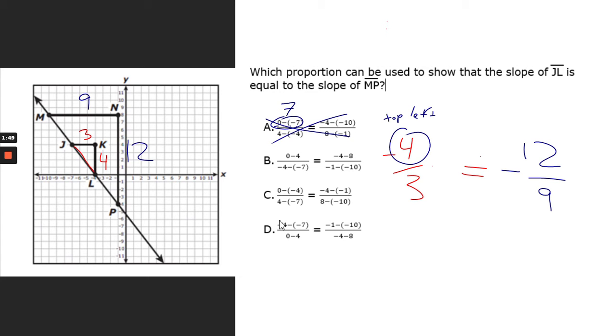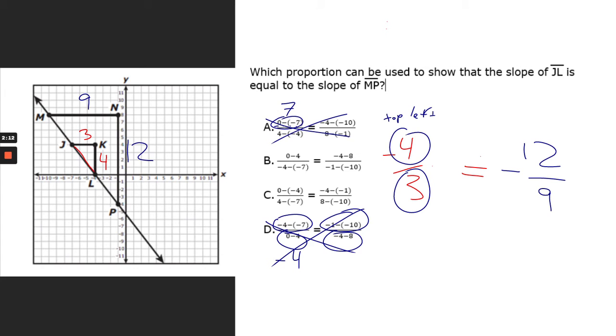This is one little problem I could do in the calculator, this is another, the top right's another, and the bottom right's another. The easiest one to do is 0 minus 4, which would be negative 4. And what I want in the bottom left position is 3. Since that's a negative 4, not a 3, scratch it out, not right.